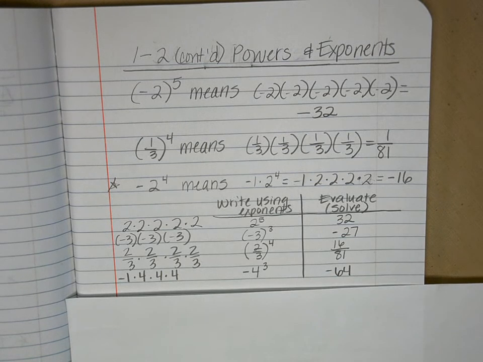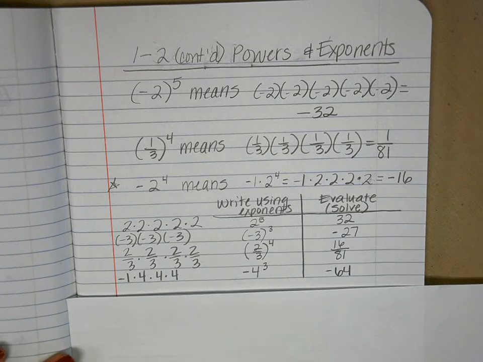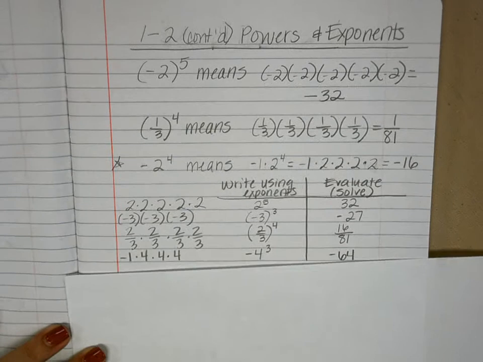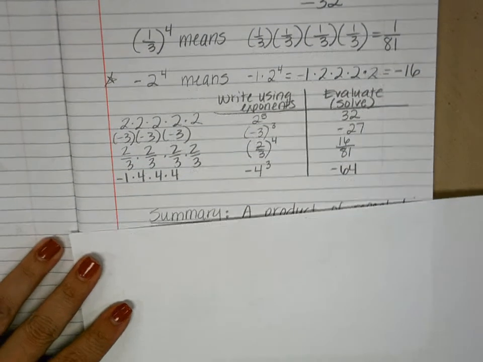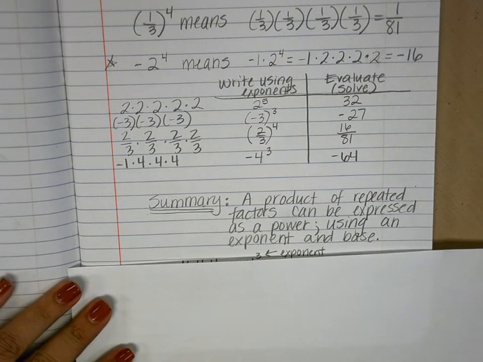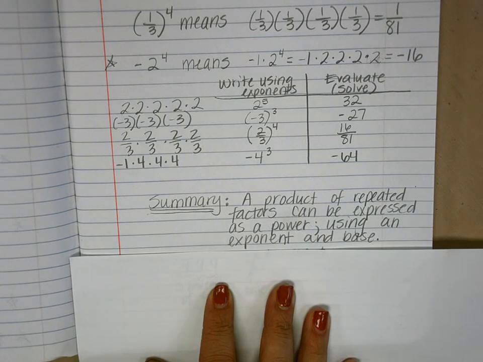Okay guys, so to summarize what we looked at for this very first rule, remember there's 8 of these exponent rules, but just to summarize this one, there's an explanation in words in case you're asked to explain something in words, and you can copy this down. It's a summary. A product meaning multiply, right? Product is a word in math that means multiply. Of repeated factors can be expressed as a power using an exponent and base.